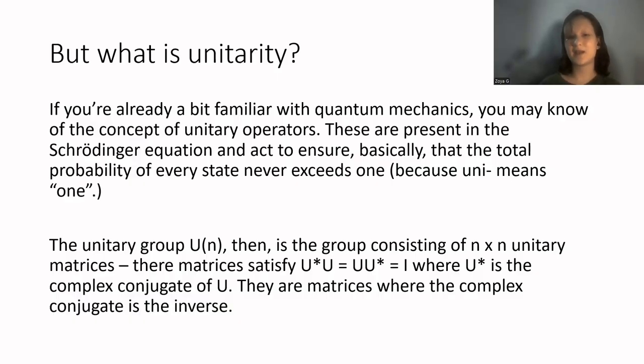The unitary group UN then is the group consisting of n by n unitary matrices, where these matrices satisfy U star U equals U U star equals the identity, where U star is the complex conjugate of U. So basically the transpose and complex conjugate of every single element within U. Basically, these are matrices where the complex conjugate is also the inverse, right? This is very similar to the inverse relation.